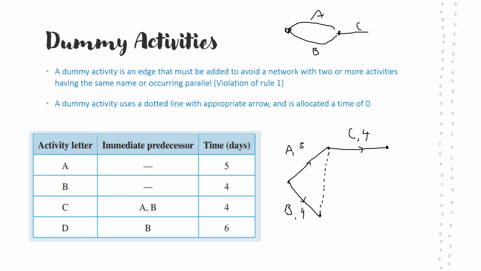We literally just draw a dotted line, give it the correct direction. When we draw it, we usually give it a little dash that notifies us it's a dummy and give it a weight of 0. And then finally we have D that comes off of B as another immediate predecessor. And so that would be our network. So when we have to do a dummy activity for it, that's how we draw it in.